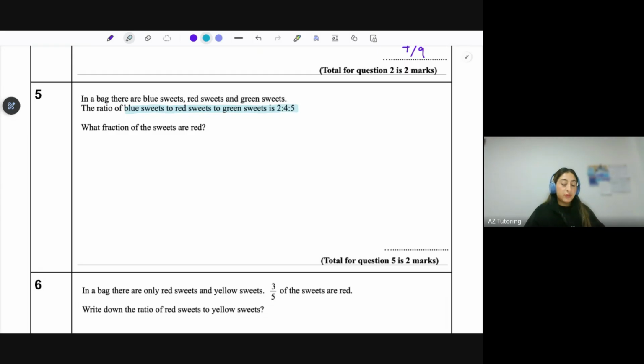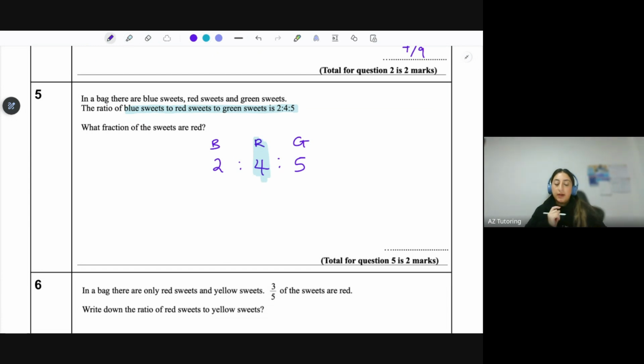What fraction of the sweets are red? So same thing, but with 3 parts involved. So I'm going to write down my ratios first. 2 to 4 to 5. So 2 is going to be blue because the order they've written it in is the order the ratio is in. Blue to red to green. It says what fraction of the sweets are red? So I am trying to work out the fraction of red.